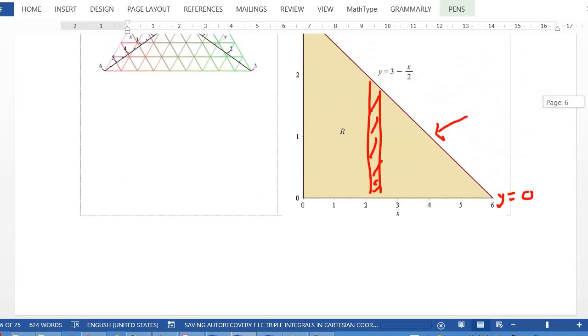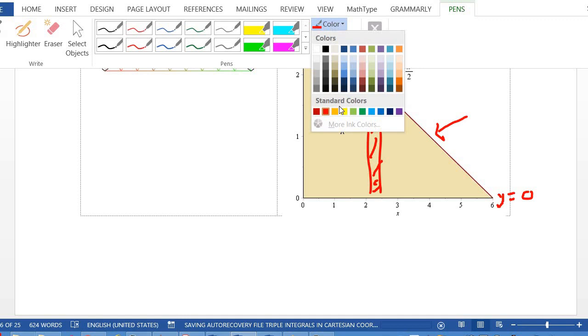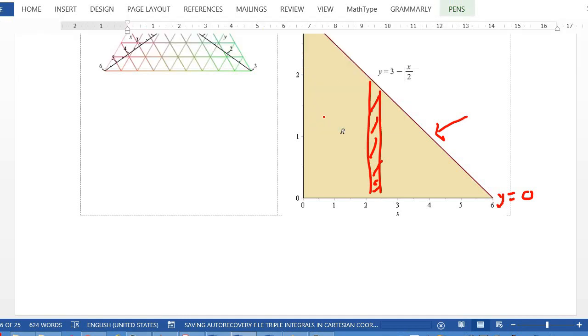You may also try to change it to dx dy. I mean, you integrate with respect to x first. Then you will sum it using the horizontal bar. In the dy dx, you may change it to dx dy.